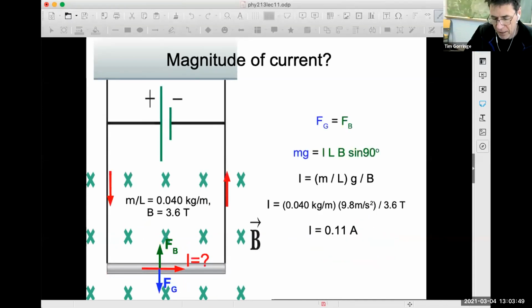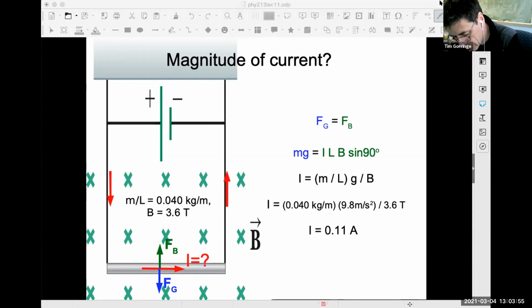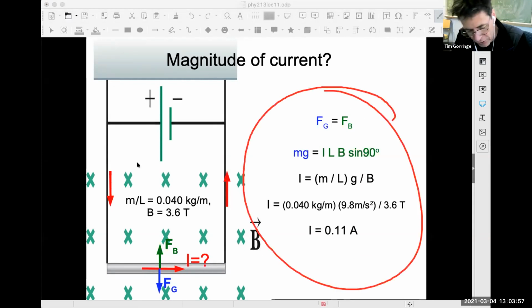So what about the size? Well, here I'm going to calculate the size. I reproduced the picture on the left, but now I'm calculating the size of the force. Just to be clear, when I write down F's, I write down an Fg, force of gravity, and an Fb, force of magnetism.